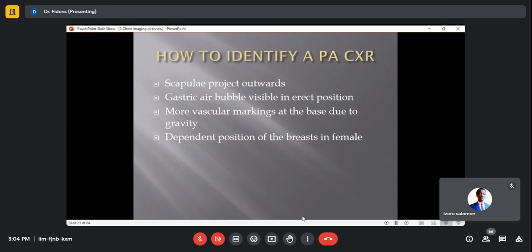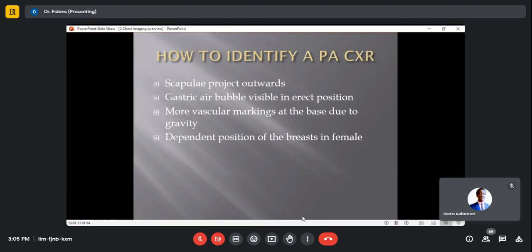The breast comes down when someone is standing up. Okay, that's the reason. It is not that important. The same applies to vascular engorgement: when the patient is standing up, the blood is more in the vessels in the lower part of the lungs than the upper part. That's dependent position also. Very clear.